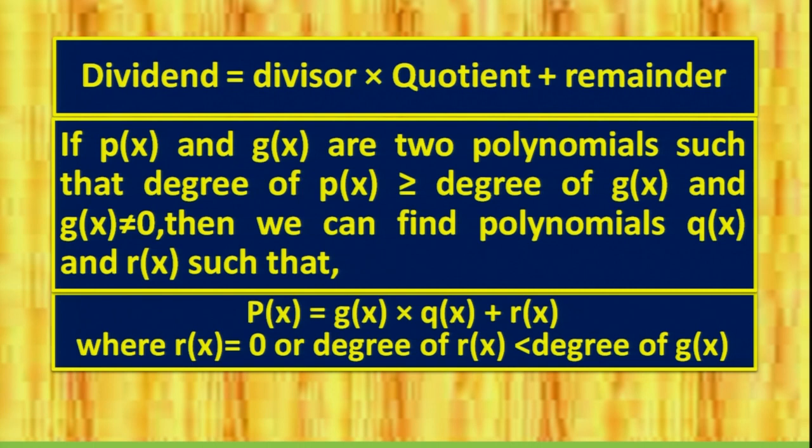Compare this statement with what is written in the headline, that is, dividend is equal to divisor into quotient plus remainder. Here rx means the remainder, and the degree of the remainder is 0 or less than that of gx.